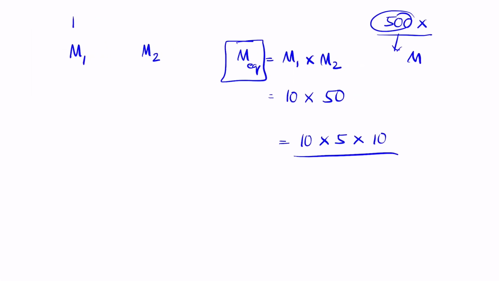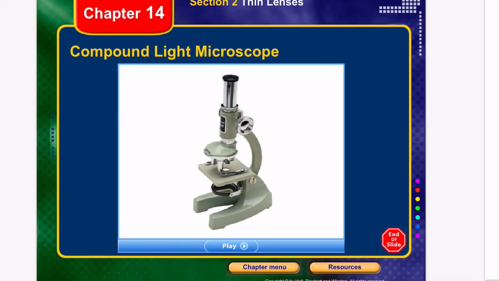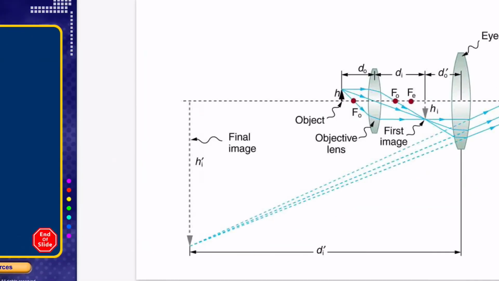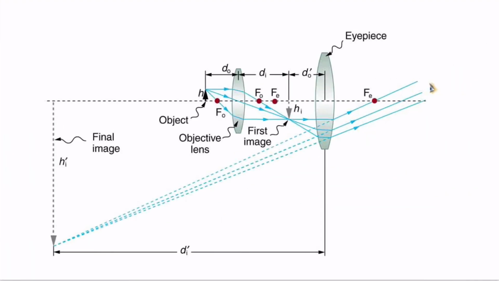So let's take a simple look at how a general construction looks. This is how a general compound microscope looks, but if you look at it in terms of its lenses, this is the general construction of a compound lens. The height of the object is really small. You start with a really small object, and the first lens is called the objective lens.